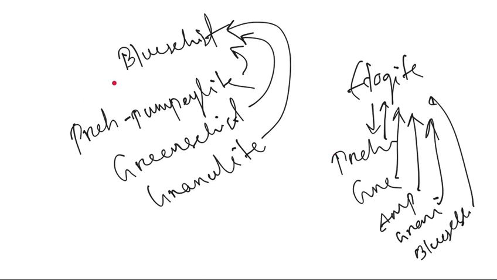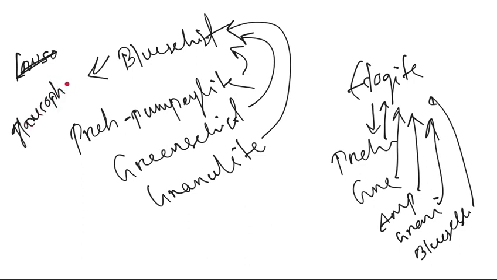Now in case of blueschist, it can form from prehnite-pumpellyite, green schist, granulite. There are reactions from which blueschist is formed. Blueschist contains lawsonite, and what are the index minerals of blueschist? Yes, glaucophane, thank you.